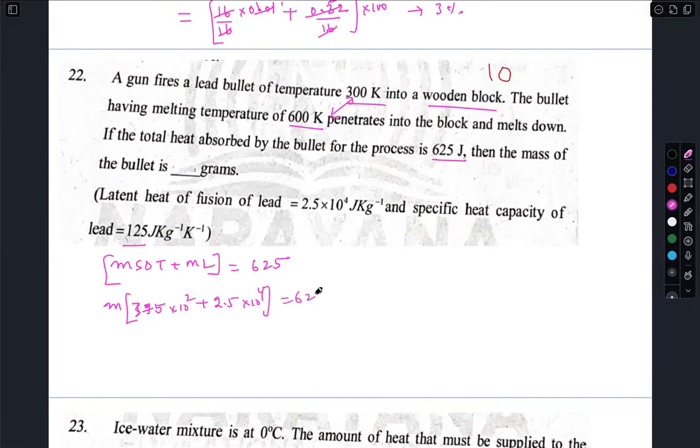This is 625. So M by C, 37500, this will become 2500. 625. So M is 1 by 100 kg, 10 grams. Right.